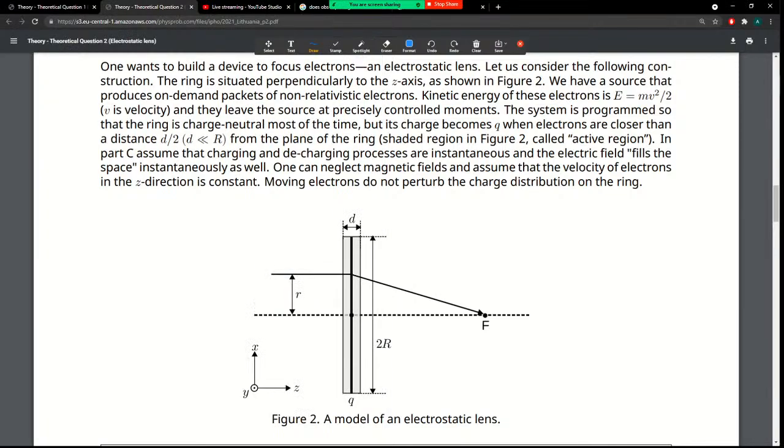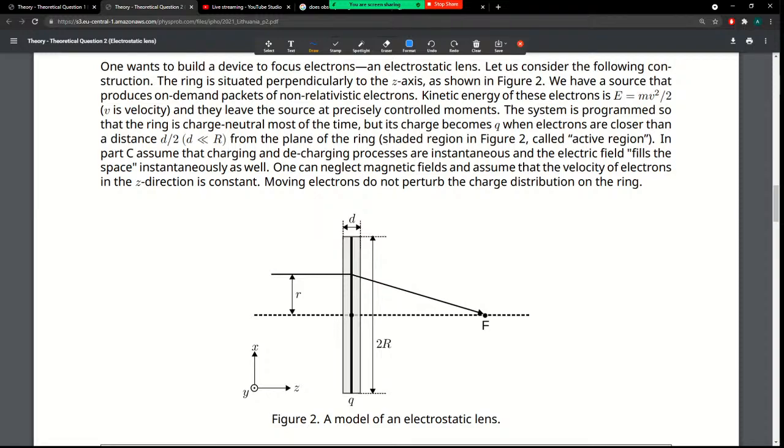The ring is situated perpendicularly to the z-axis as shown in figure 2. We have a source that produces on demand packets of non-relativistic electrons. Kinetic energy of these electrons is E equals mv square by 2, v is the velocity, and they leave the source at a precisely controlled moment.